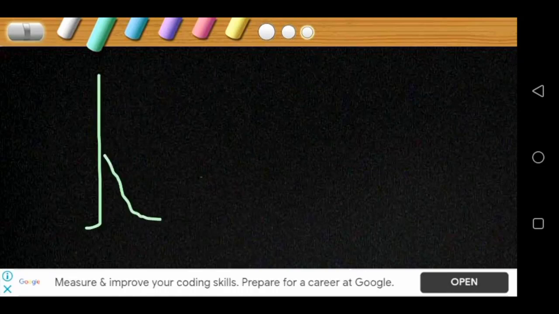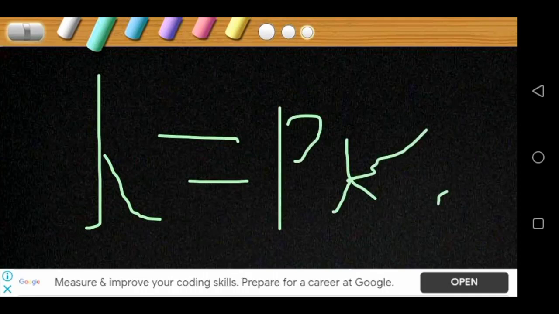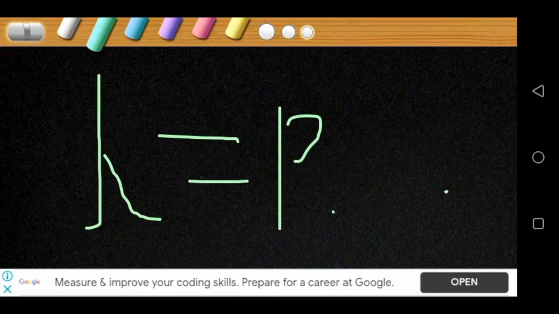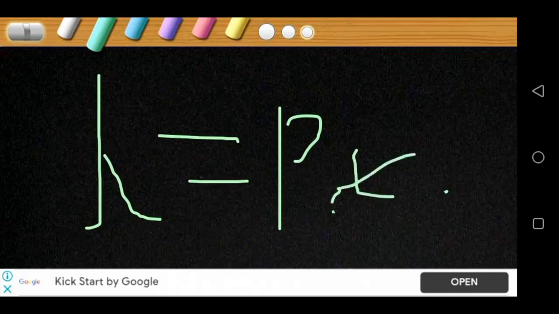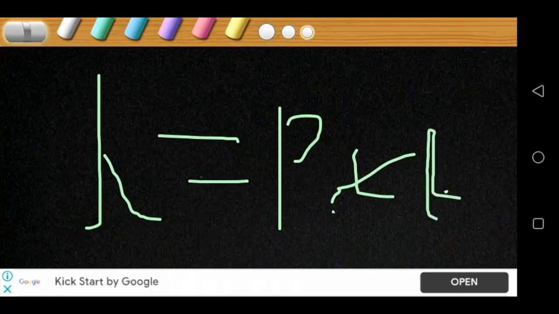Lambda is equal to P multiplying N, that is P times N, where lambda stands for the expectation of an event happening, P is the probability of that event happening, while N is the number of attempts in a given probability.